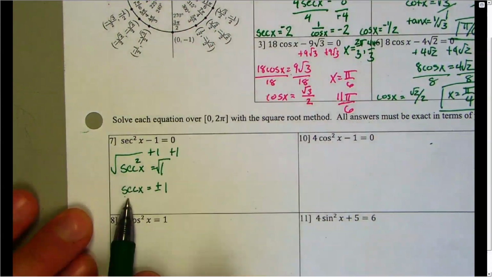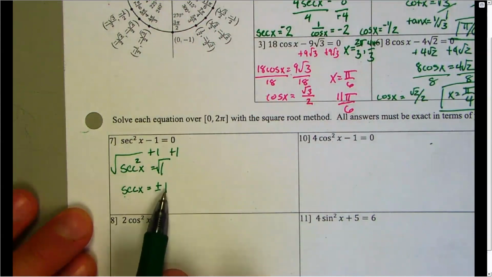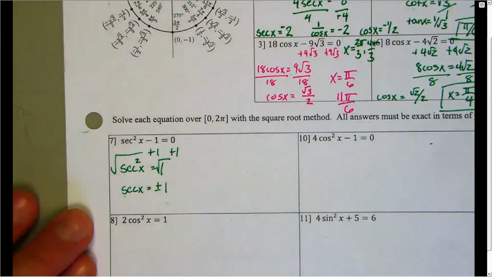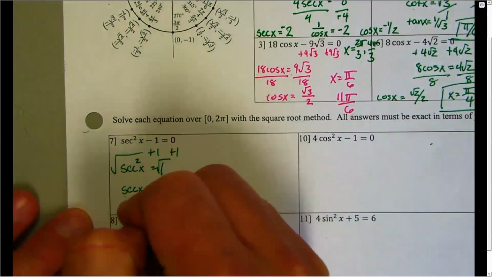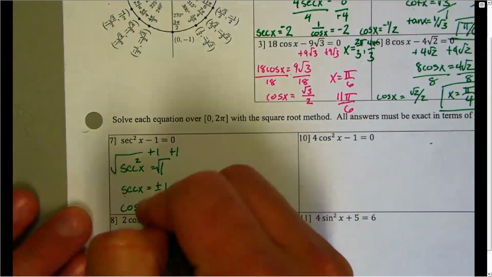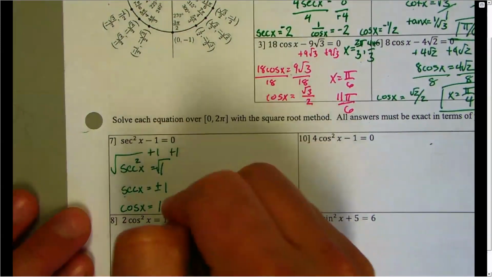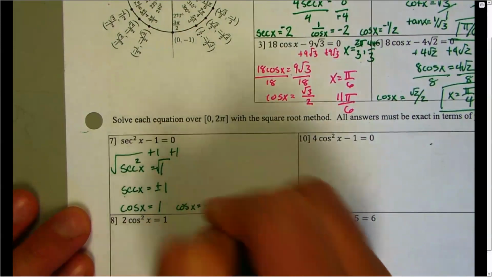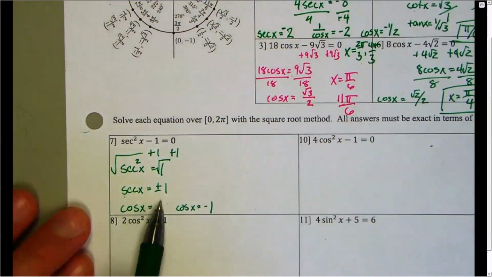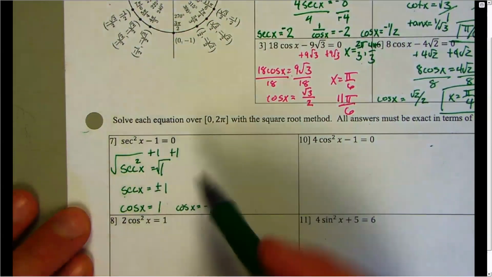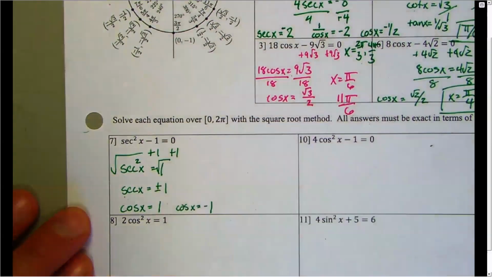So cosine means adjacent over hypotenuse. So this must be hypotenuse over adjacent. It's pretty easy to just flip over. 1 flipped over stays 1. -1 flipped over stays -1.